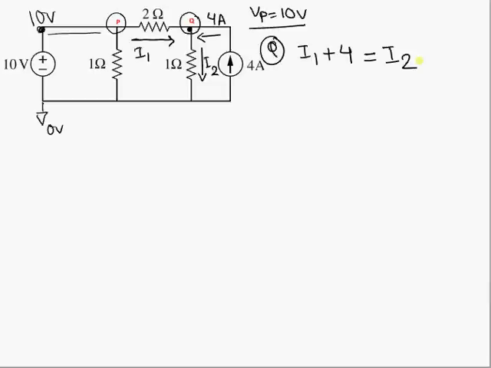Now I1, using Ohm's law, V equals IR, is going to be equal to Vp minus Vq divided by the resistance 2 plus 4. I2 is Vq over 1.